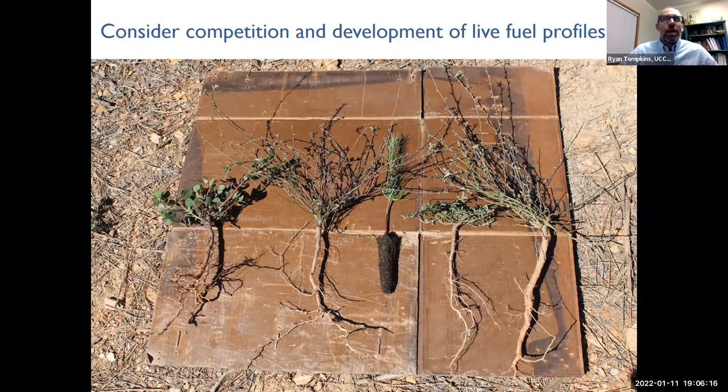And even though the shrubs at that time didn't look very dangerous or competitive from what they were expressing in their above ground biomass, you can see just simply from the size of the taproots and the extent of the taproots, how effective these small shrubs are in terms of competition with any seedlings you might establish.